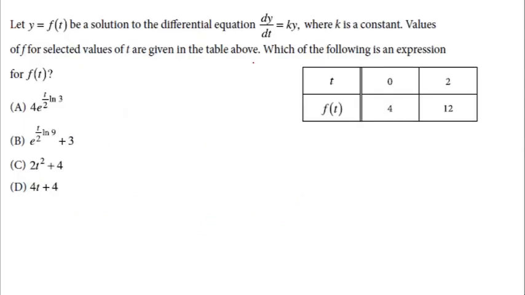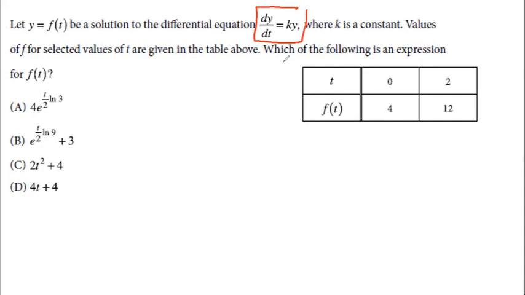So the typical question that you almost know you'll have to answer in the exam, this type of question about the growth function. So dy dt equals ky. The rate of change of y with respect to time is proportional to y itself, and the proportionality constant is called k.